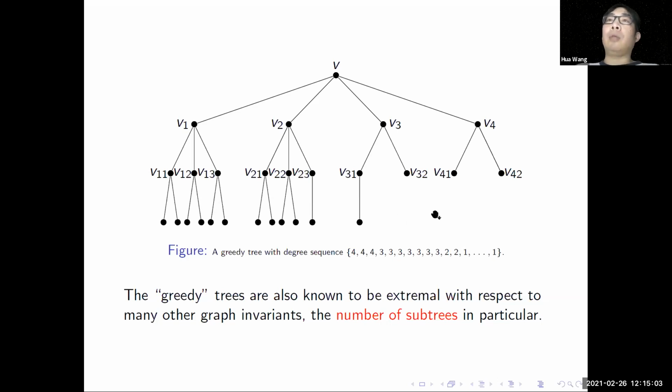And that's why it was named the greedy tree, I guess, because the process of constructing the structure is greedy. It's very intuitive, really. You start with one point and then just keep adding stuff to it in a greedy kind of manner. And it was shown that this does indeed minimize the Wiener index, so the total distance, and also maximize the number of subtrees.